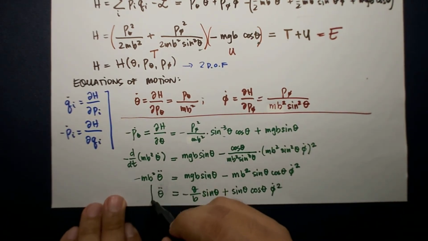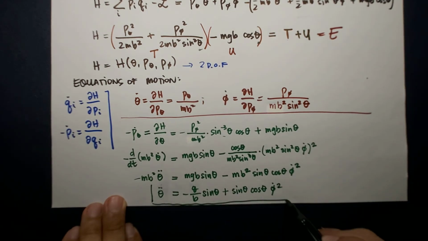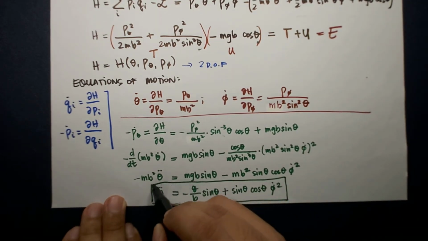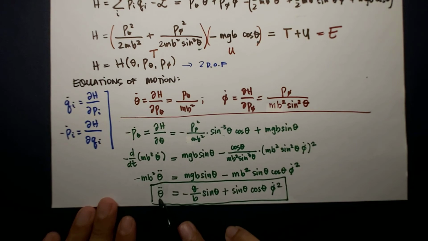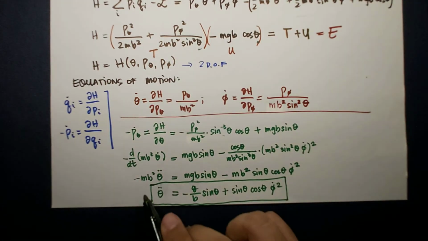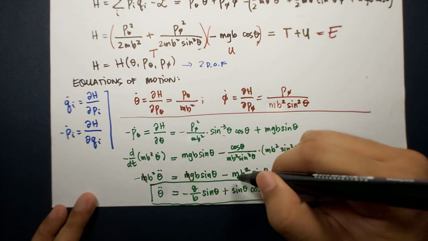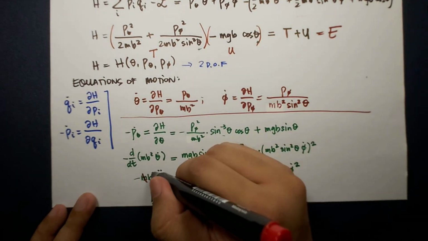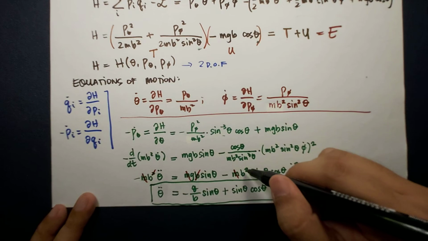So this is our equation of motion in the theta component. So how does it happen? Again, remember, we could see here that m will be cancelled, and then one of the b's is also cancelled.